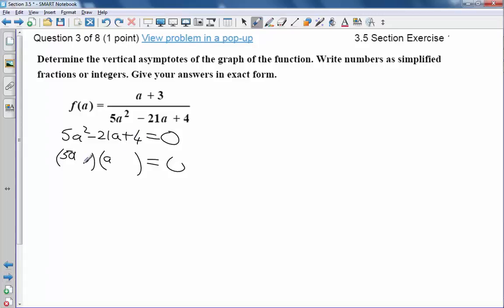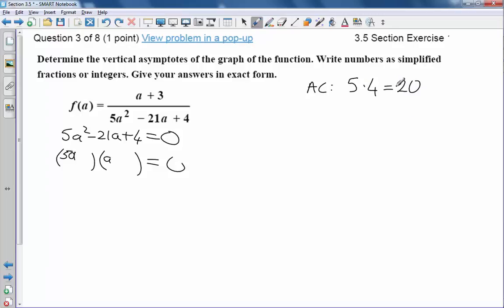I did the AC method. I just multiplied 4 and 5 together and then figured out what added to minus 21. So 20 and 1. Okay, let's remember AC method. In AC method, we multiply first and last number. 5 is first number. That's 4 last number. That's 20.